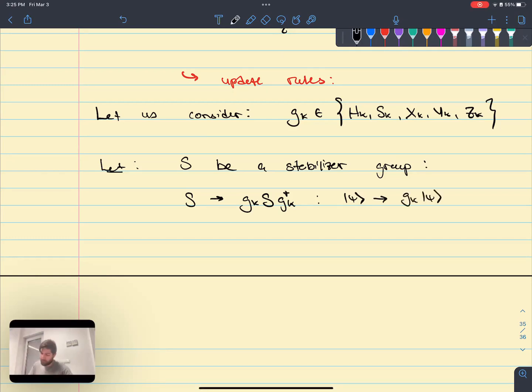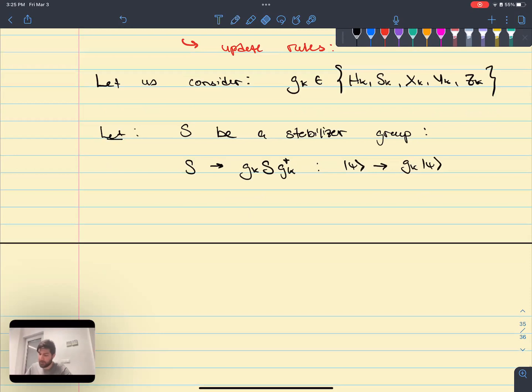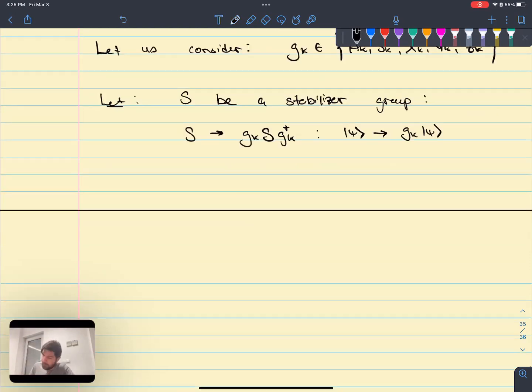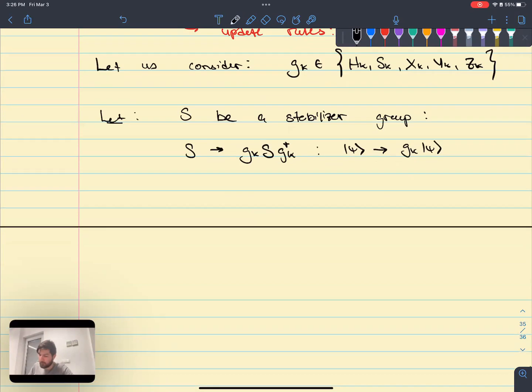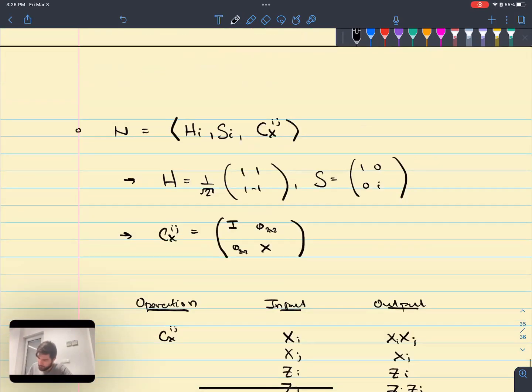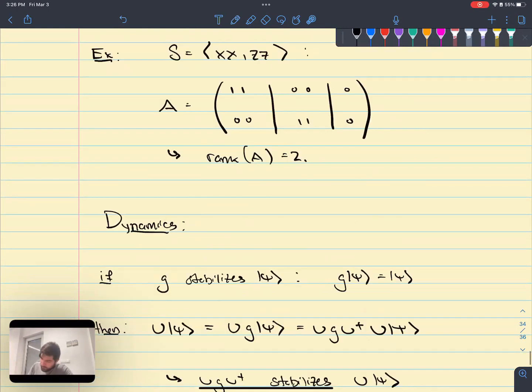But we're not going to worry about the psi part because the S completely fixes what psi is anyway. So all we have to worry about is what GK does to S. And to figure out what that is, all we have to do is, like I said before, look at a concrete example. Sorry, up here perhaps, yeah.